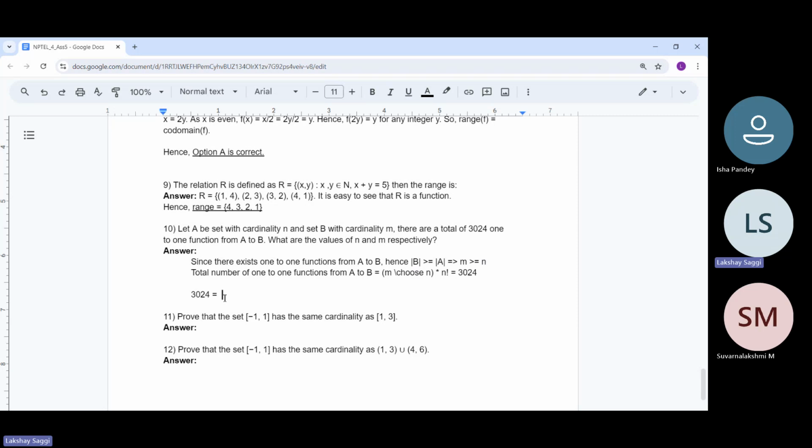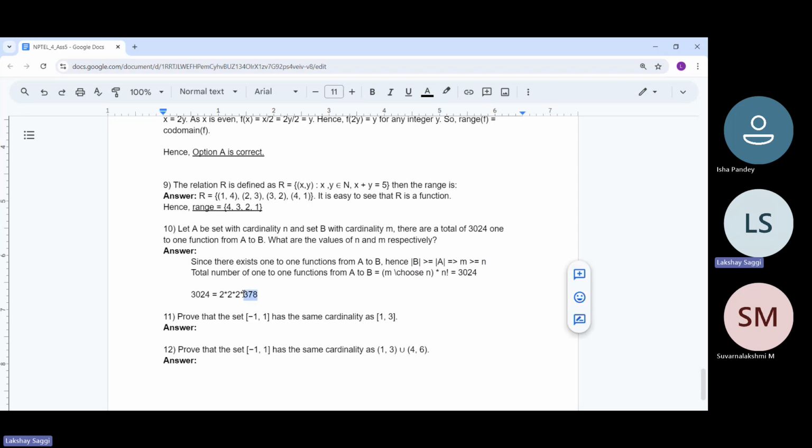We just do the prime factorization of 3024. This will come out to be 2 times 2 times... So 3024, if we divide by 2, will be 1512. And 1512 when divided by 2 will be 756. And when this is divided by 2, this will give us 378.